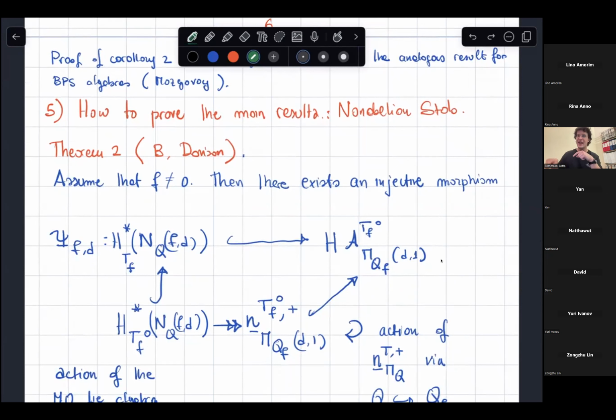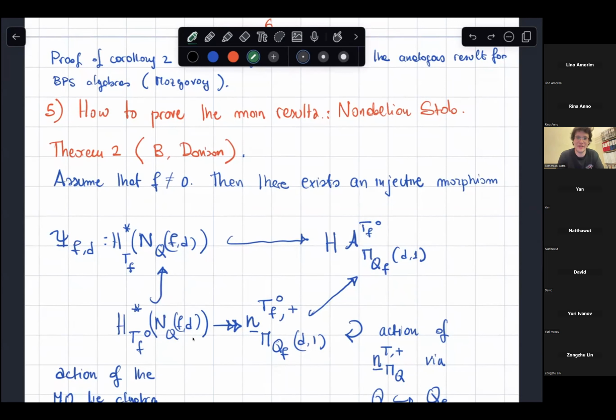We have these automorphisms of the vertex at infinity that give this C-star action.